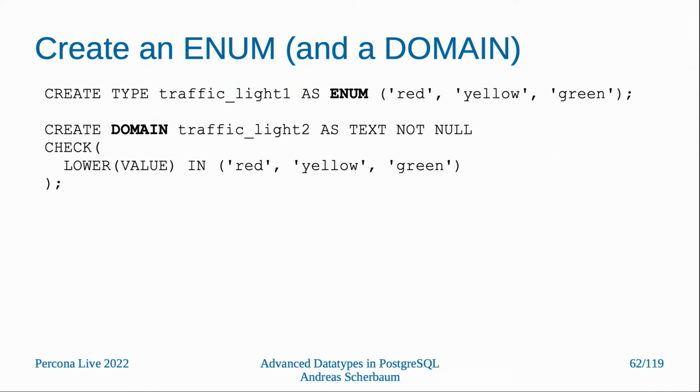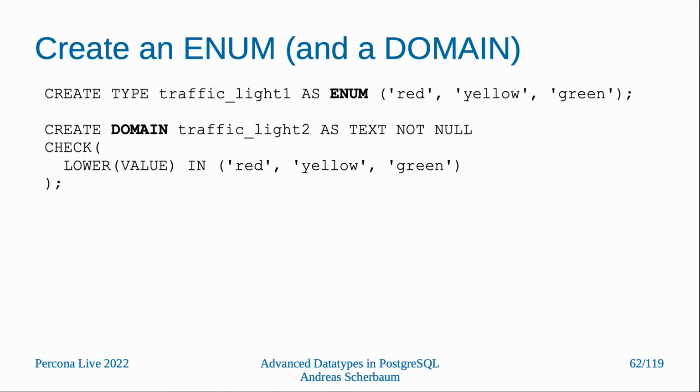So I have two types here. One is called traffic light as an enum. So I have red, yellow, green. And I have a domain type as text, not null. So I can actually verify here in my domain type already that there's a value. And I have a check, lower value in red, yellow, green.